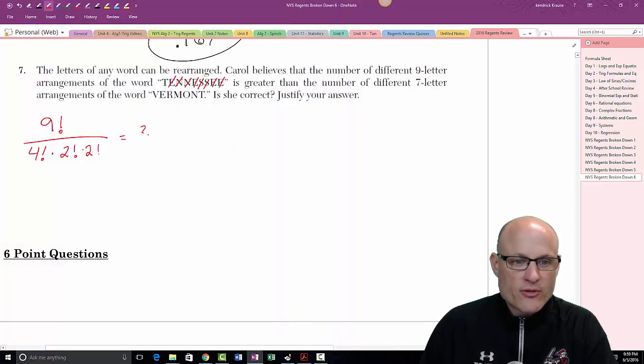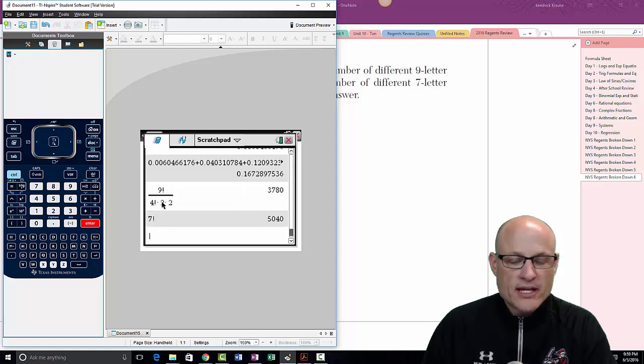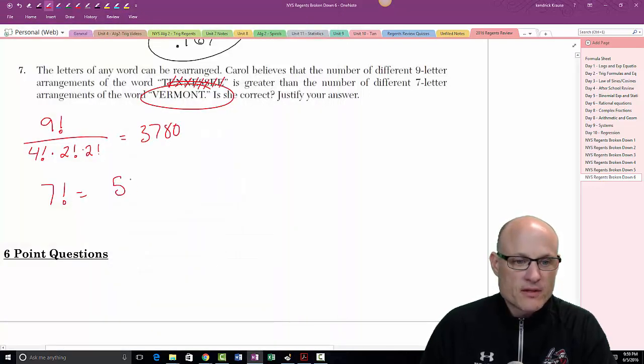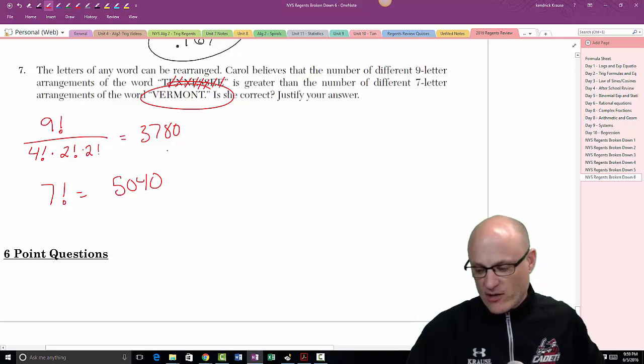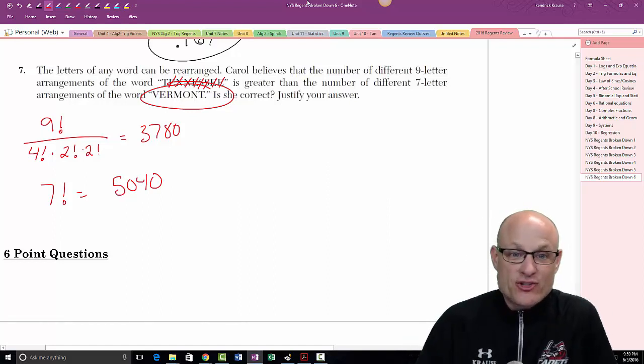Enter. 3780. So 3780. And then the other one is just 7 factorial because there are no repeaters. So I just got to come over here and do 7 factorial. And I get 5040. So you need to write a little sentence. It says, is she correct?